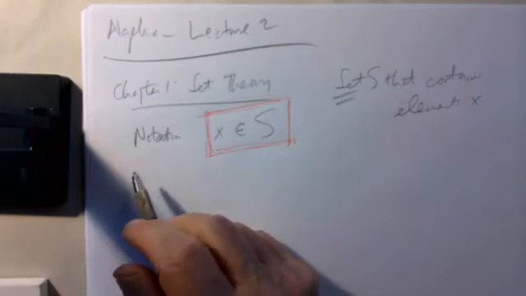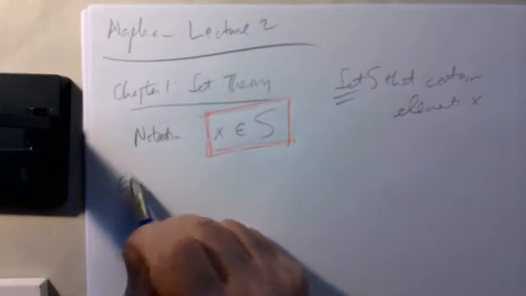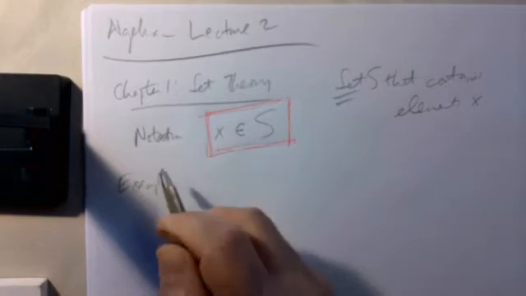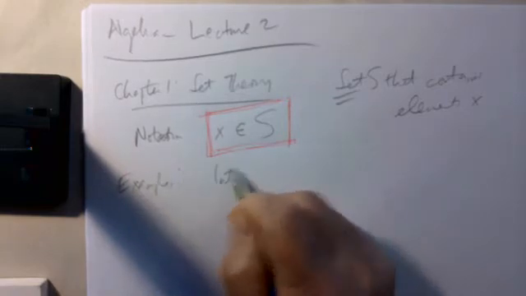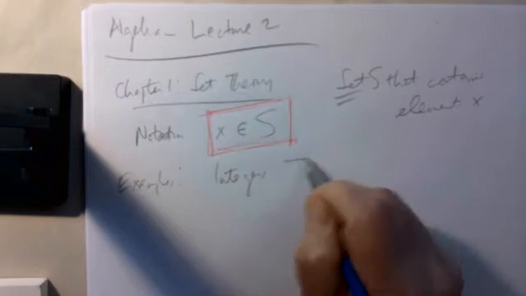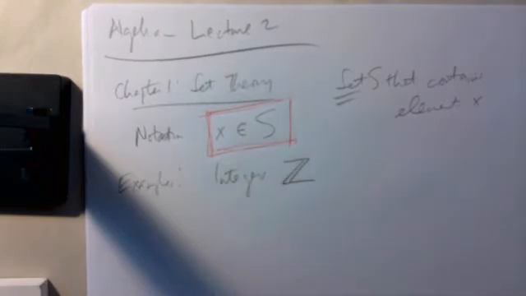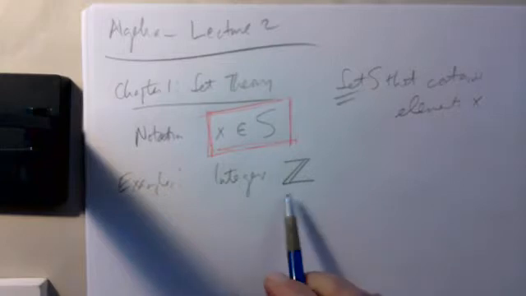So favorite examples of sets, we have the integers, which are always denoted by a bold-faced letter Z, which you normally write like this on a piece of paper.